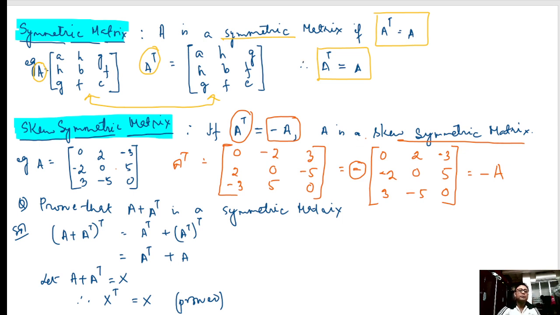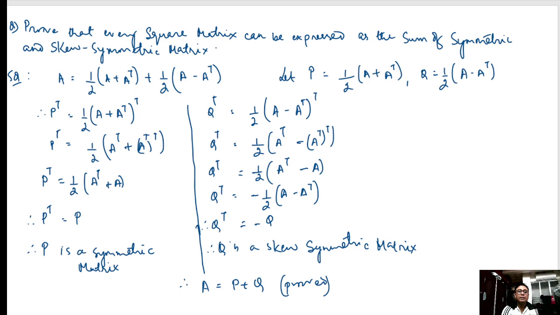So let's prove a few things about skew symmetric matrix. Prove that A plus A transpose will be a symmetric matrix. So let us do the transpose of this. Now we have already dealt with the transpose parts.